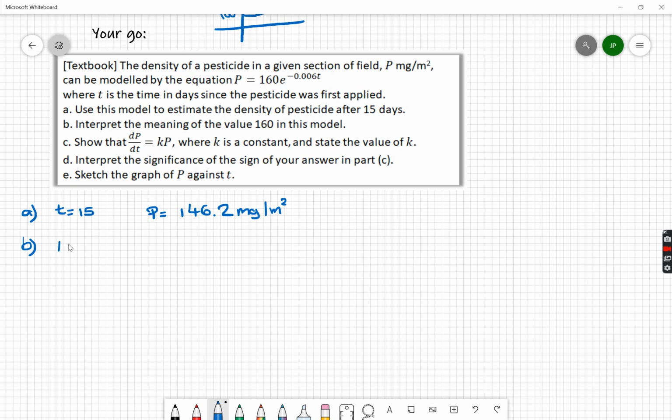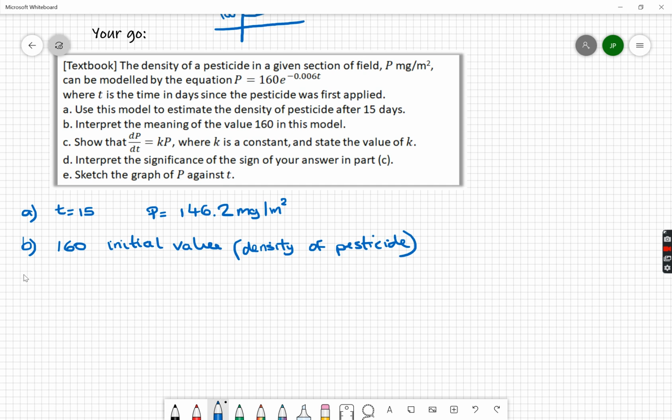That means that 160 must be the initial value. Now, be really careful with this, because sometimes you might have a slightly different power in here. But 160 will be the initial value, so it's the initial density of the pesticide.